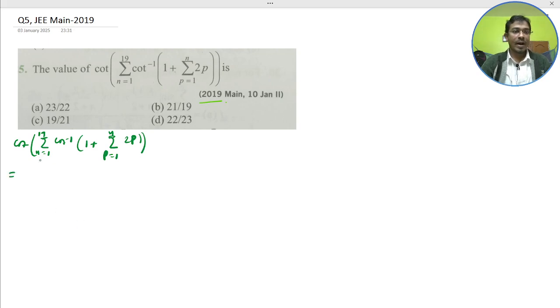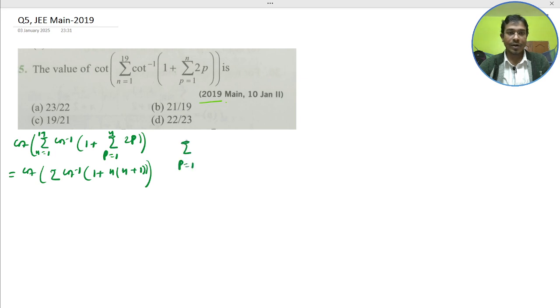So equal to, I just write cot summation cot inverse 1 plus n into n plus 1. We just apply here the formula that summation p from 1 to n of p equals n into n plus 1 by 2.